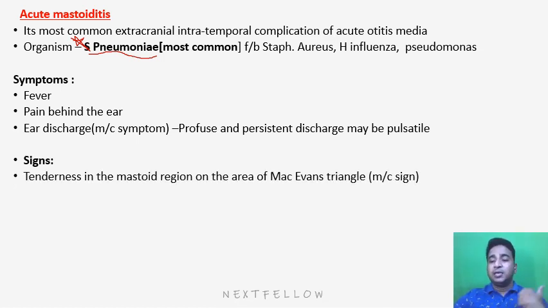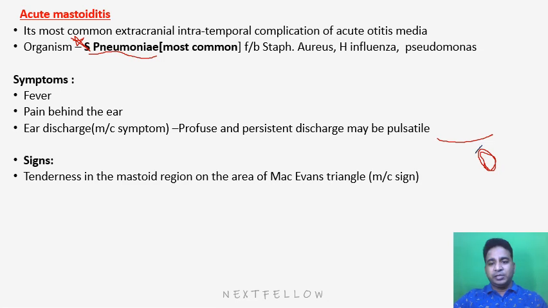So what are the signs? The first sign is tenderness in the mastoid region, in the area of Macewen's triangle. What is Macewen's triangle? Suppose this is my external auditory canal, it is round in structure, and suppose this is my suprameatal crest. I'll mark the Macewen's triangle.